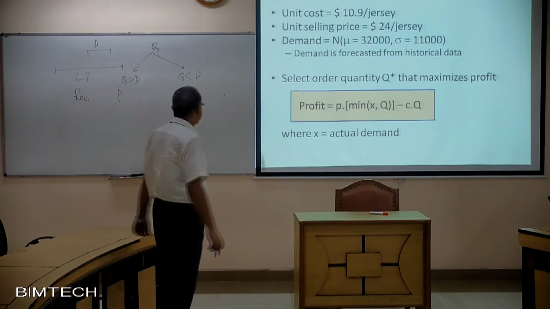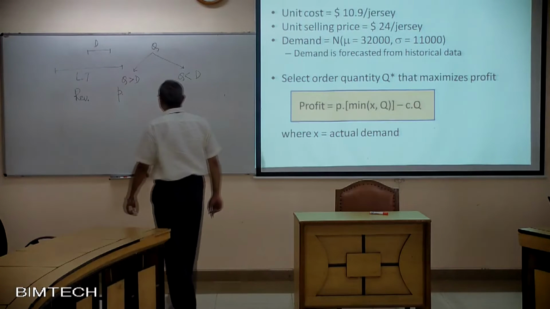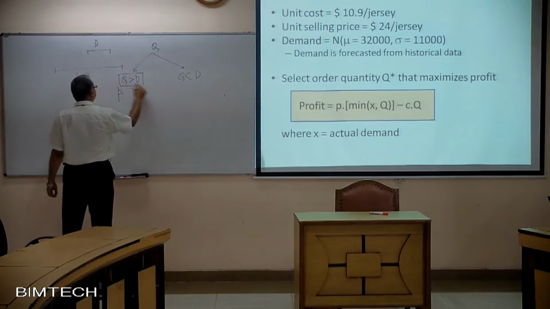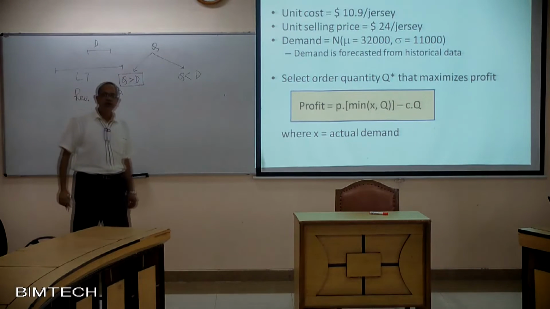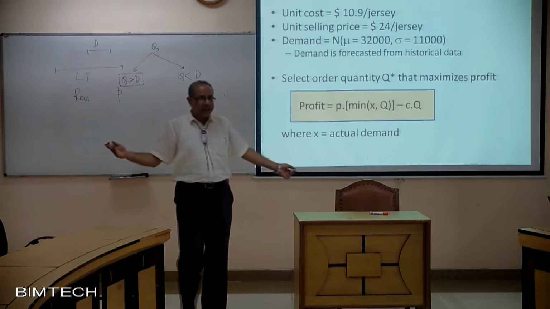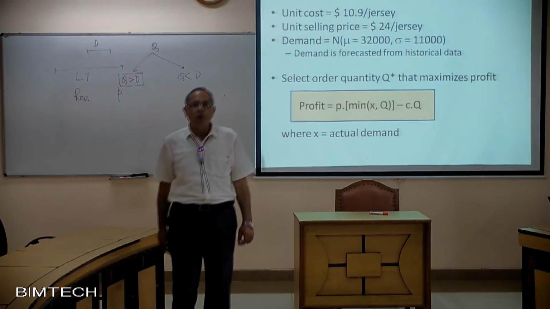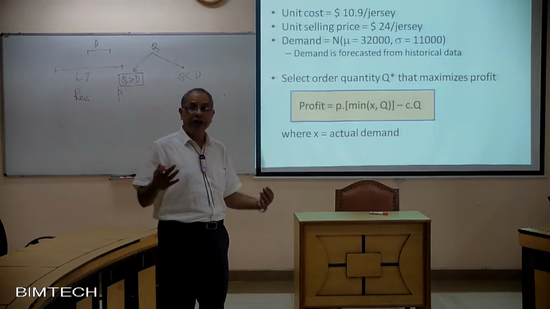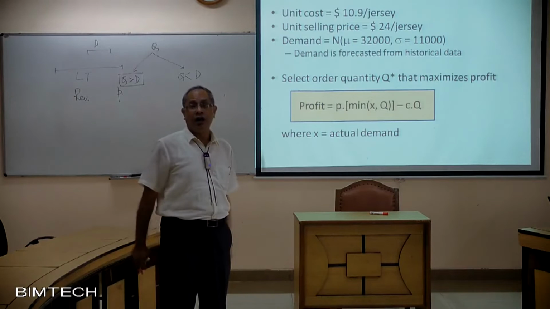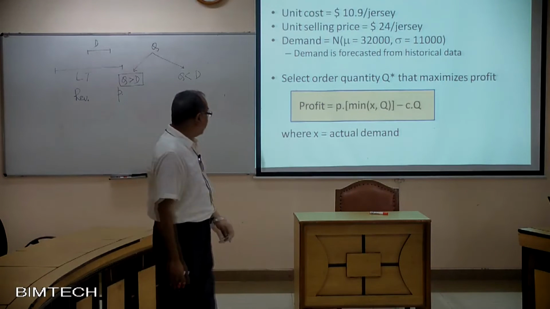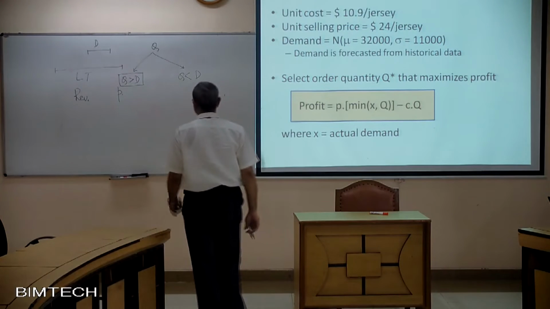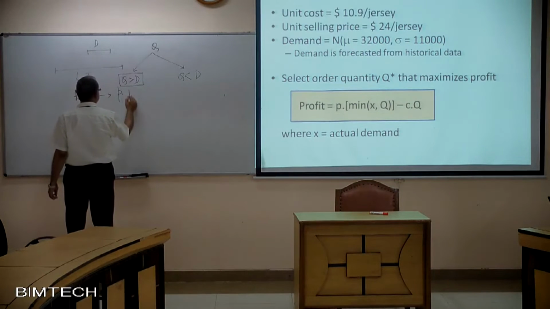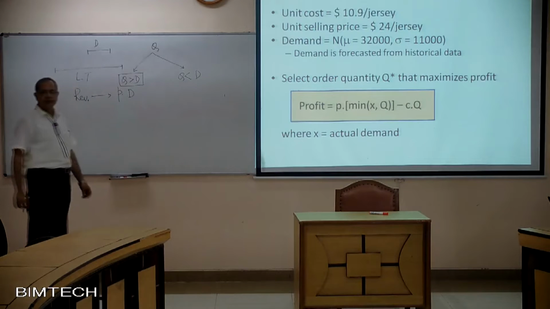Okay. Now what is the quantity sold? If Q is greater than D, then the quantity sold, of course, is going to be D. You can't sell more than the demand. Even though you have inventory which is more than the demand, the maximum you can sell is the demand. So therefore, the revenue in this case is going to be P times D.